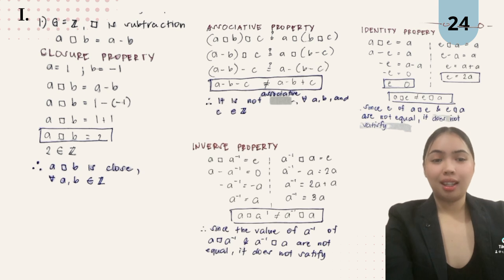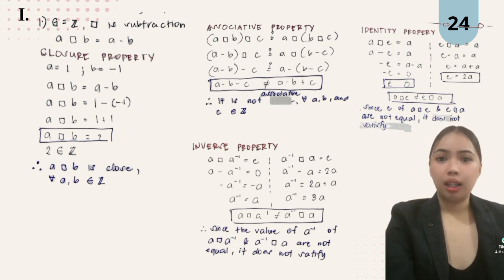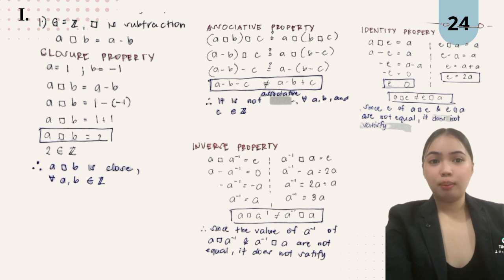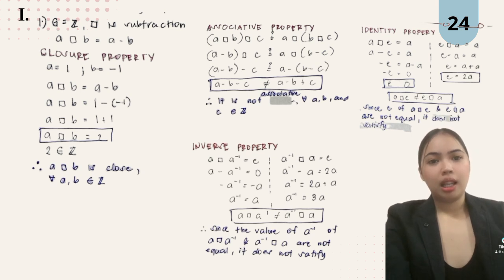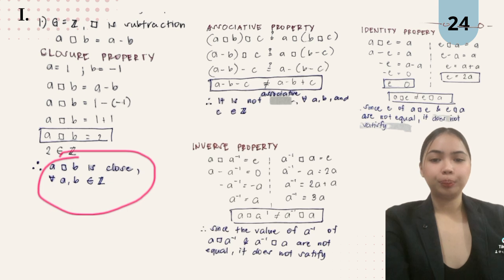So A star B is equal to A minus B, which is 1 minus negative 1 because we substitute the values. That is 1 plus 1, positive because a negative and a negative make a positive. So A star B is equal to 2. So it satisfies the closure property.